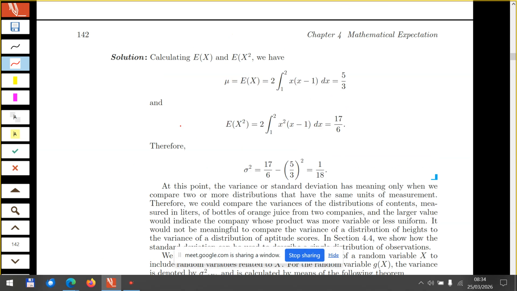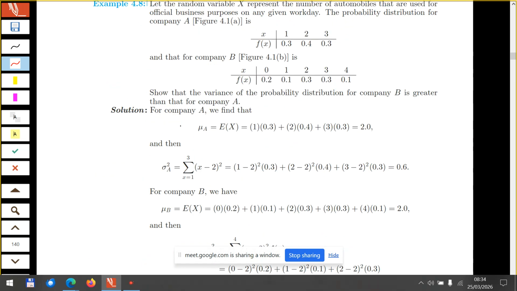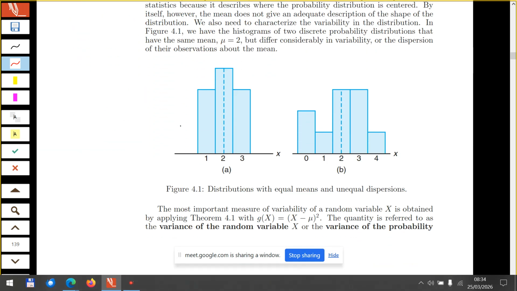One point must be made before we move on to the next topic. It's better if we go back to that diagram. This diagram was the motivation for introducing variance, and of course, then you can also say standard deviation.